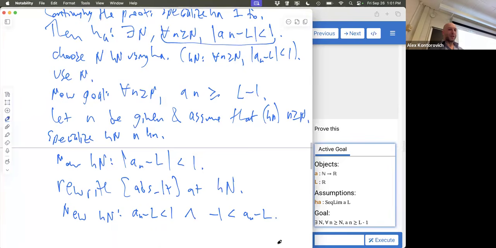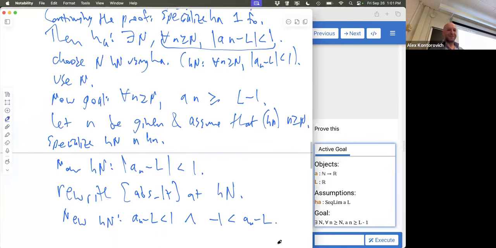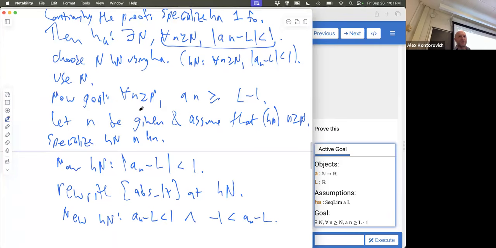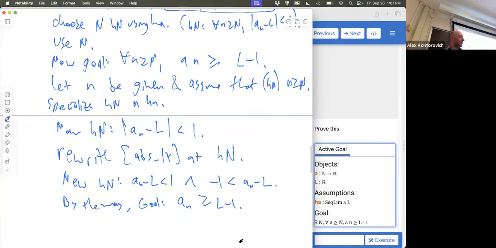Okay. What's our goal again? We introed n and Hn. So our goal is a_n is at least L minus 1. Which of these, is it the left side or the right side of Hn? The second thing.